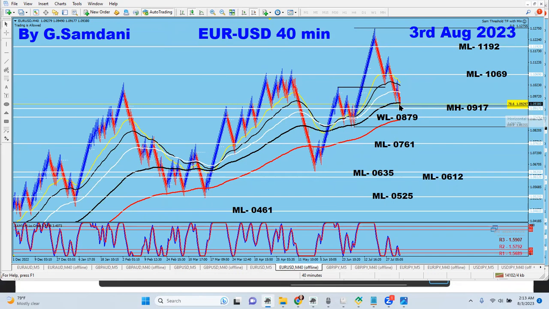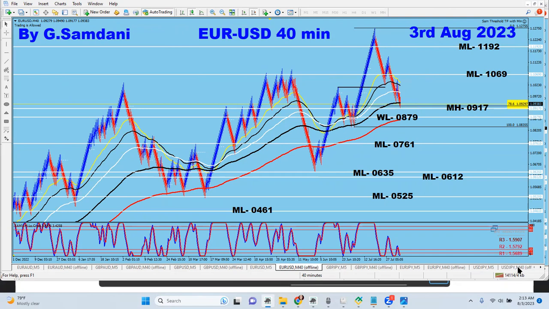So we're supposed to go to the upside. So if it's 78, then we can at least again go back to 38% or 23% of this fib, or may continue to go to the upside. So both Euro USD and Pound USD are showing bullish setups at the moment on the 40-minute chart.